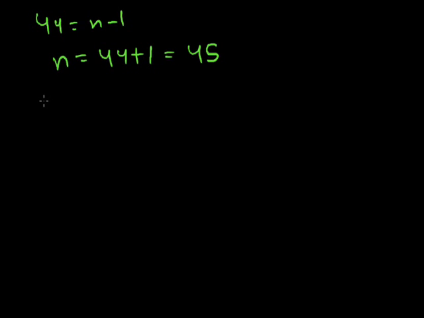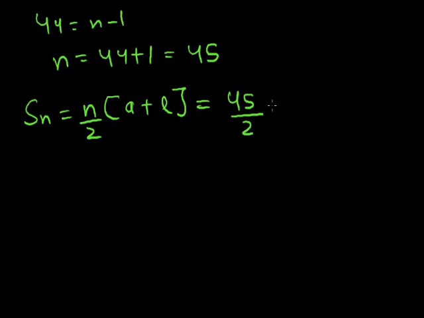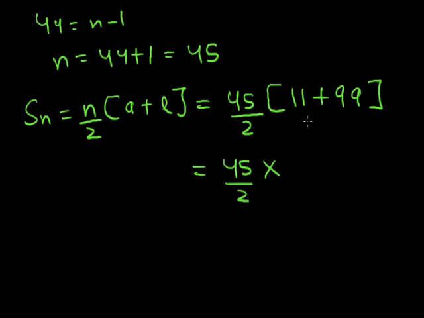Now we have found the value of n. Now we will put the value of n in the equation Sn is equal to n by 2 into a plus l, and find the sum of n terms. That is n by 2, which is 45 divided by 2, into a plus l. a is, as we have seen, 11, and l is 99. So 45 by 2 into 11 plus 99 will become 110.